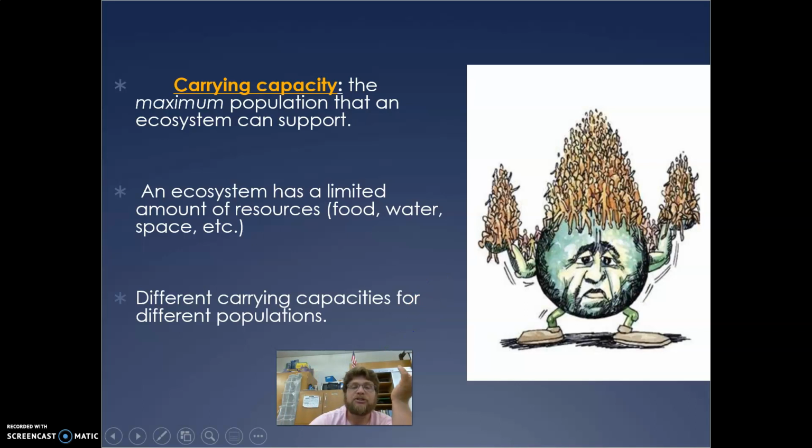And that can change depending on the organism. Now, if I put a human in the chocolate milk bottle, it can't support more than one human, right? So it's limited there. So different sized organisms with different strategies, with different requirements, are going to have different carrying capacities in the same ecosystem.